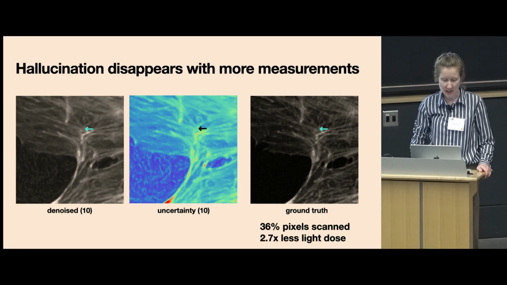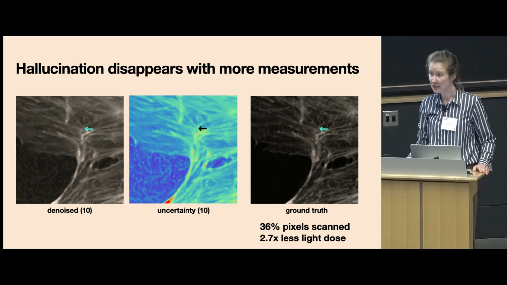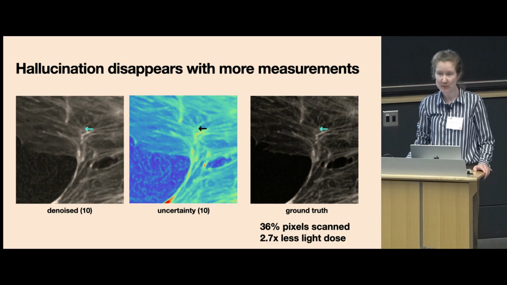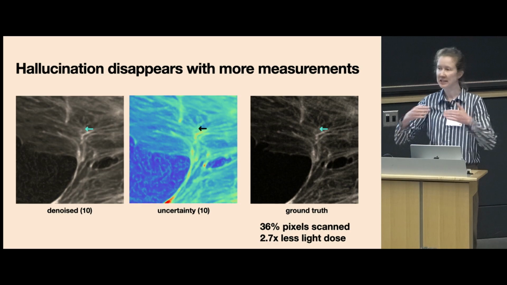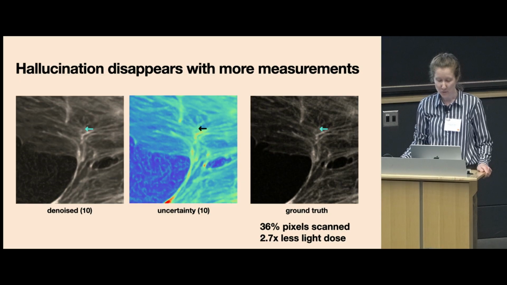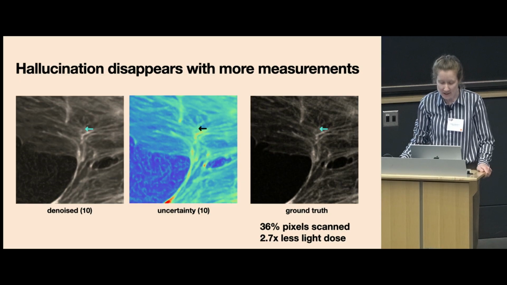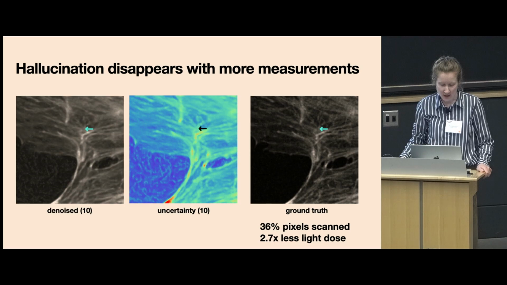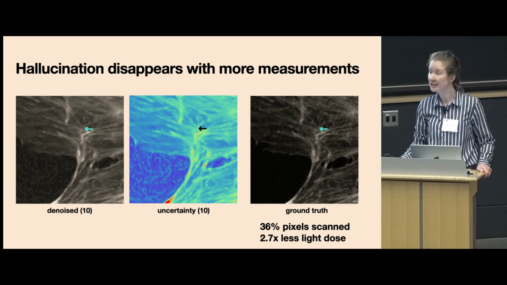And so we're actually able to mitigate hallucinations by adding more measurements. And we can do this adaptively. We don't have to rescan the whole thing. We can only rescan the most uncertain regions of the image. In this case, this results in only scanning about 36% of the pixels and about 2.7x less light dose to the sample.